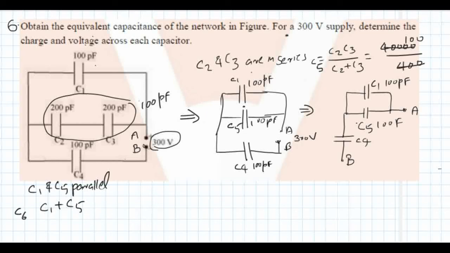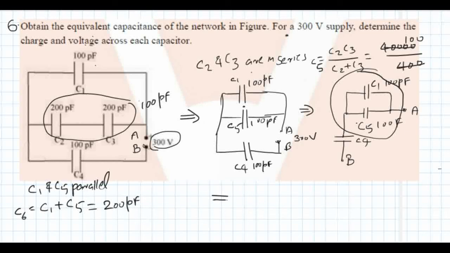So C1 plus C5 is equal to what? C1 is 100, C5 is also 100, so this is equal to 200 picofarads, right? So the effective capacitance of C1 and C5 is this C6, right? And what is the value of C6? C6 is 200 picofarad, right?